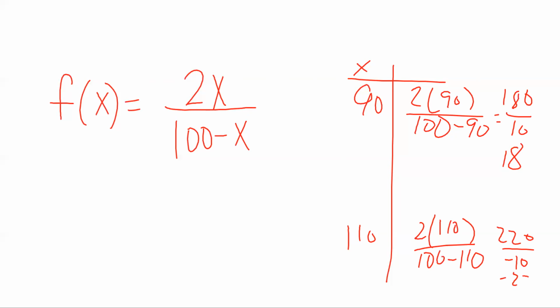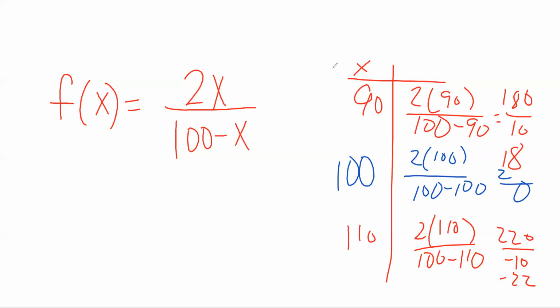The problem you're going to run into is if you try to plug in 100. If you plug in 100, you're going to get division by 0. You could put that in the calculator and you're going to find out that that's divide by 0. You could put that in Google Docs and realize it's an error.